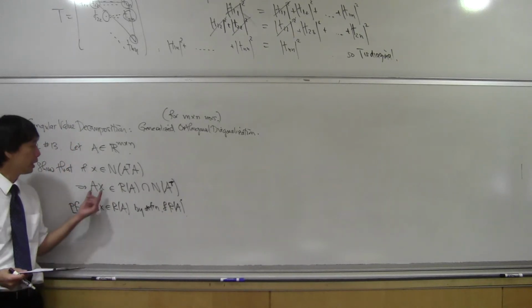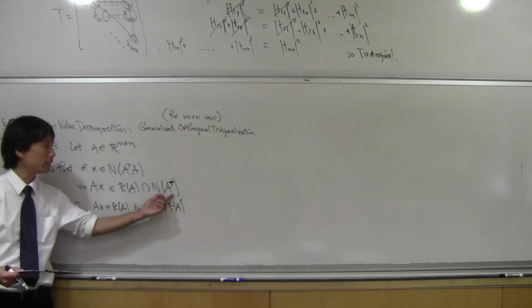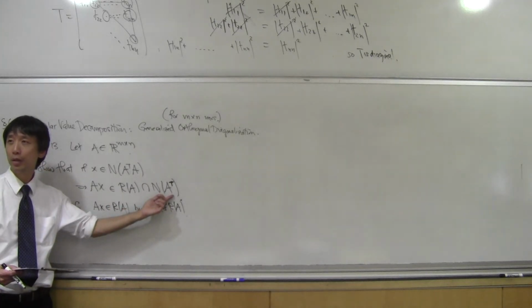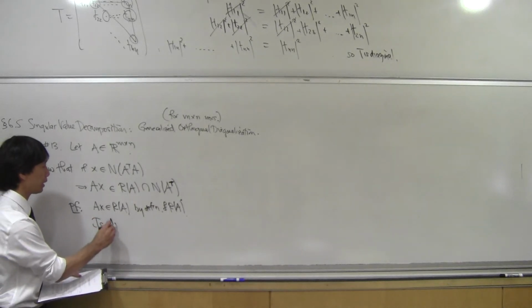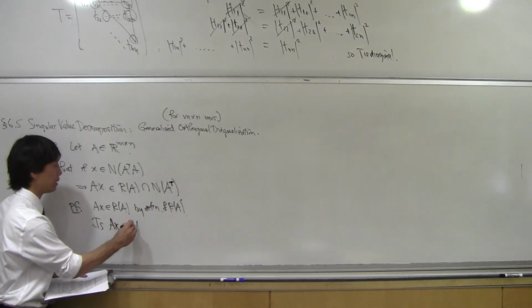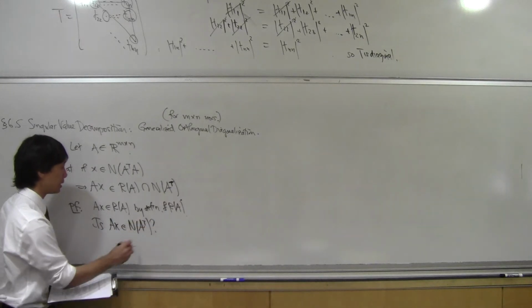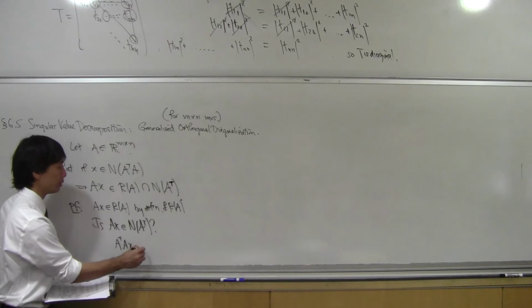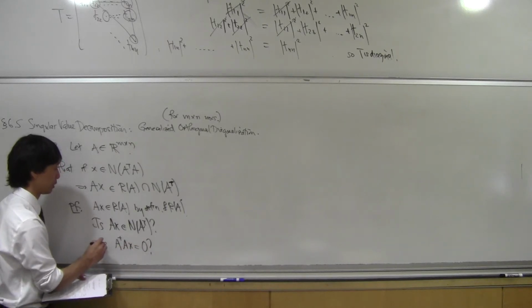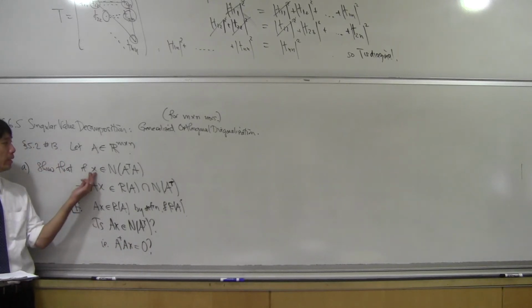Second part, is AX in the null space of AT? That's asking, is ATAX equal to 0? But that's what we assumed, right?